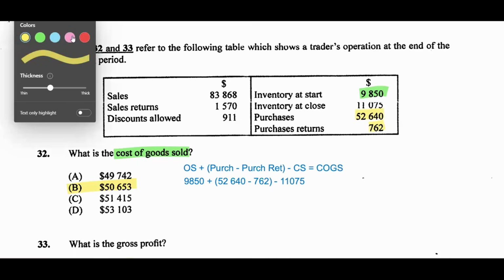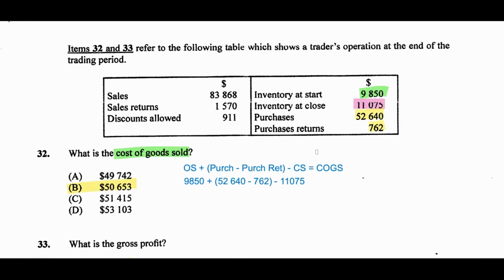Cost of goods sold is the value of the goods that we sold. All right, let's do exactly that. Opening stock is 9850. Net purchases will be the purchases less the purchase returns. And your closing stock is $11,075. So you put together your workings, opening stock, add net purchases, less closing stock, our cost of goods sold should be none other than $50,653.